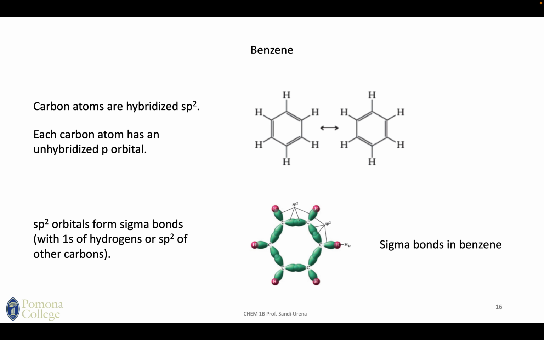And that also means that each carbon has one unhybridized p orbital. Each carbon has one p orbital that is not being used for hybridization. The sp2 orbitals, as we see in the figure in color, will be used to form sigma bonds between each carbon and one hydrogen, and that same carbon and 2 other carbons.